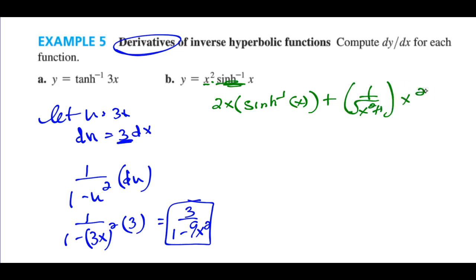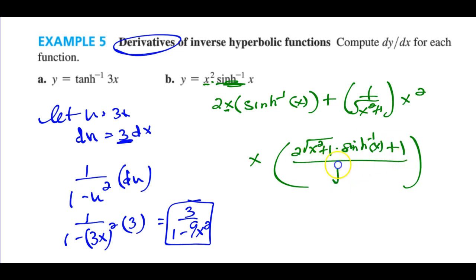I don't know. I mean, at best, I see they have an x. You could pull out an x. You could find a common denominator. I don't know what kind of final form you want this in, but if the answer is multiple choice, then it's leading you to, can you show me the algebra to get to this final answer?